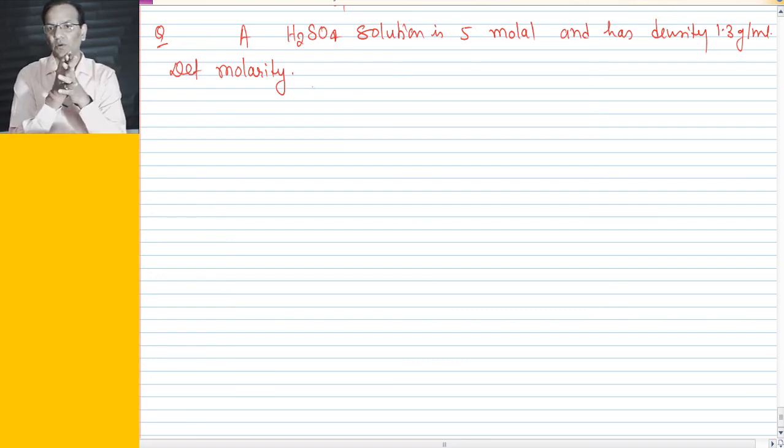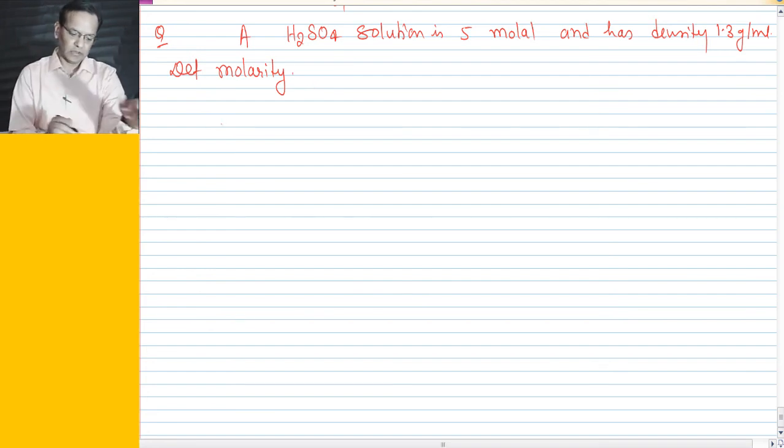Molarity is number of moles of solute present in 1 liter of solution. Molality is given. So let us assume a solution which contains 5 moles of solute. So if 5 moles of solute is present, definitely 1 kg of solvent is also present.